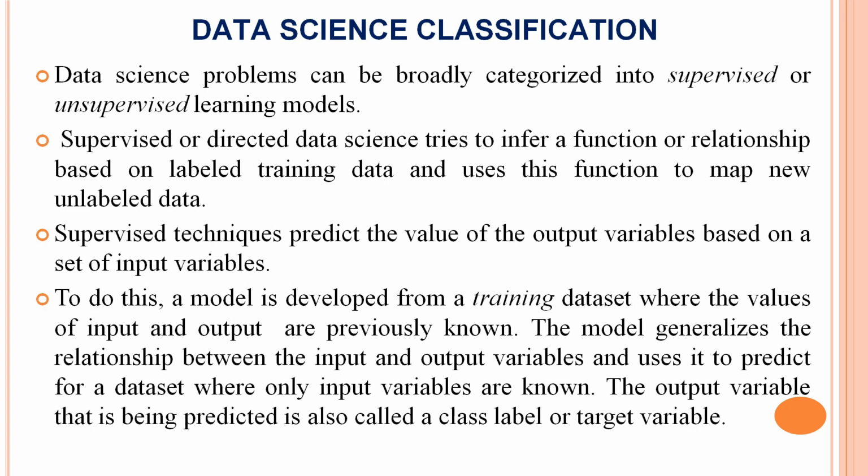Using this training data, we are going to construct a model. Once a model is constructed, using that model, you are going to predict the class label of a new data tuple.